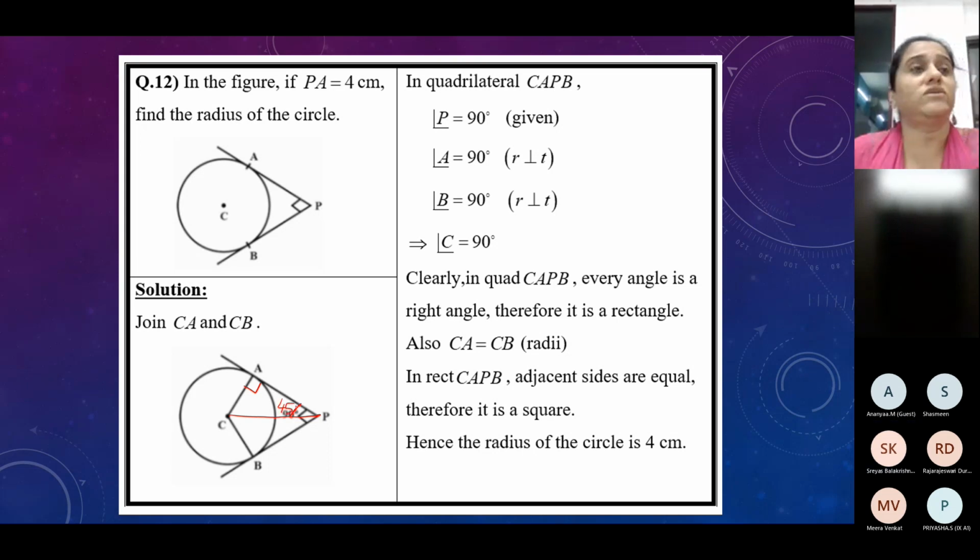Why is this 45, children? Why is the angle 45 degrees? Equal tangents are equally inclined to the line segment joining the center and the external point. We did this in the first class, correct?